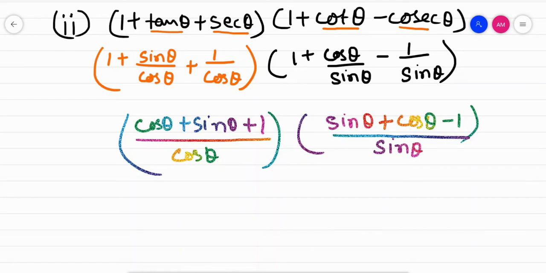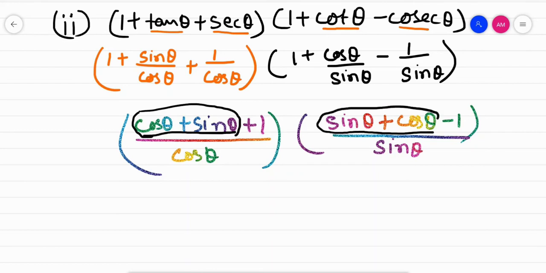Now how are you going to simplify this one? See, simplification is not very difficult if you take the things easily. See, cos theta plus sin theta plus 1. And here also sin theta plus cos theta means cos theta plus sin theta minus 1. Suppose you consider this part as A. Then if you are taking this as (A plus 1) into (A minus 1), that will become A square minus 1 square.